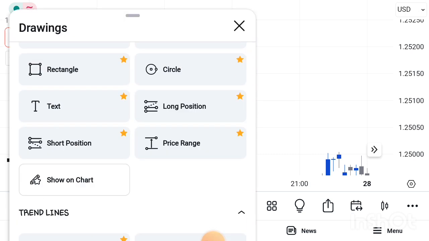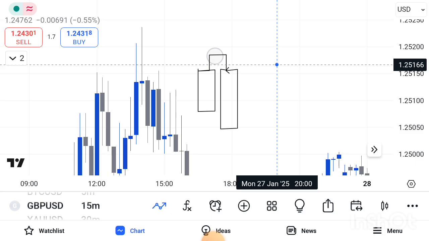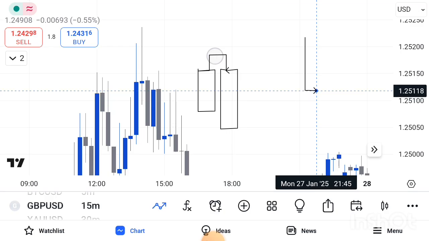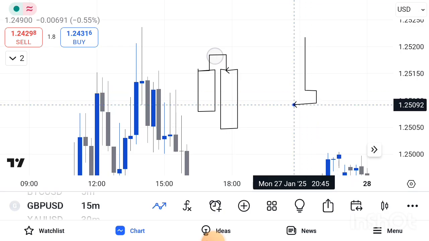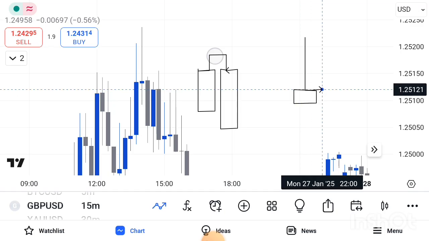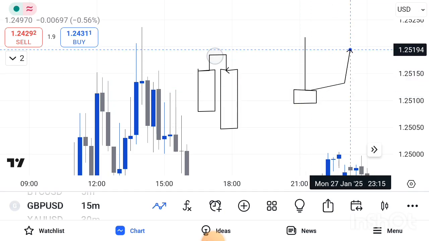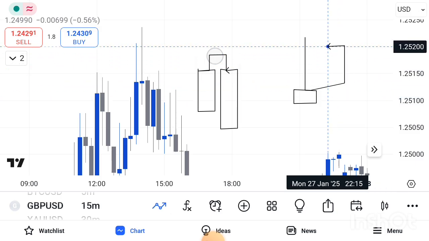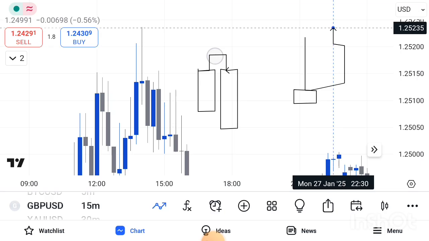This one is actually very easy to draw and I'll explain it also. So that is the wick of the candle. It mustn't necessarily be that long though. So it can be something like this, or if it's for the buying one, it can be something like this.